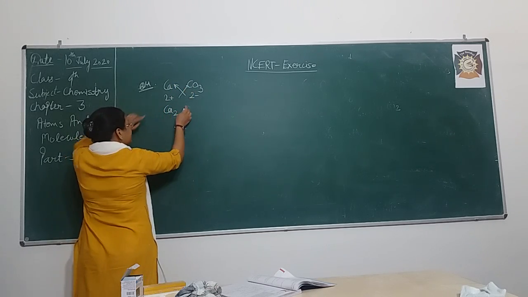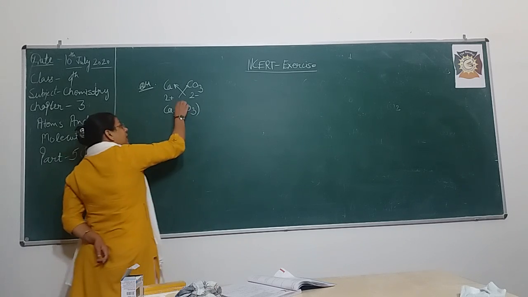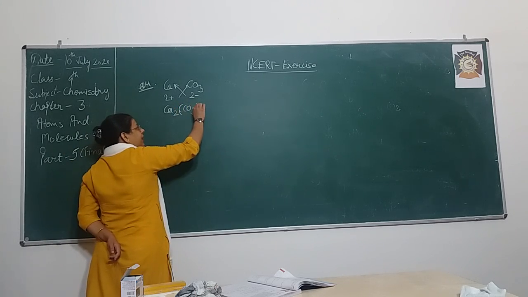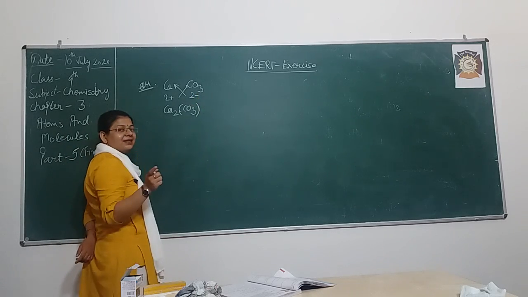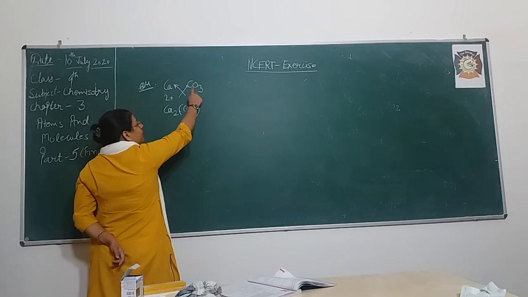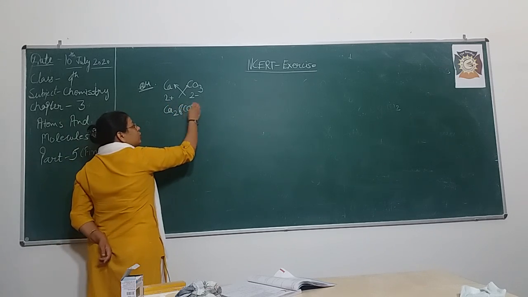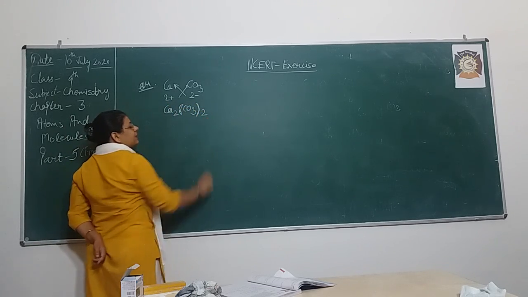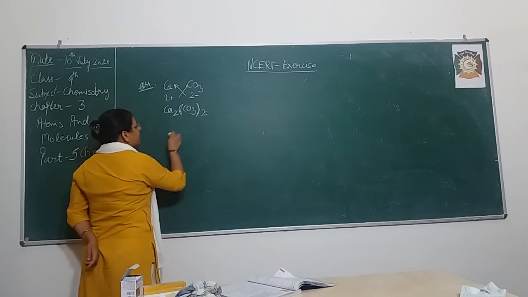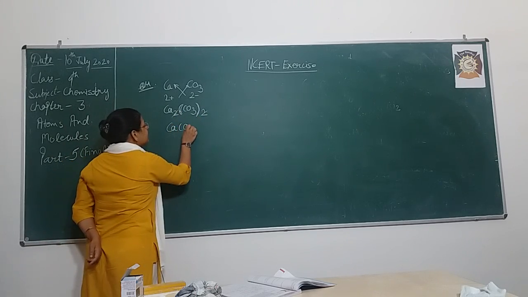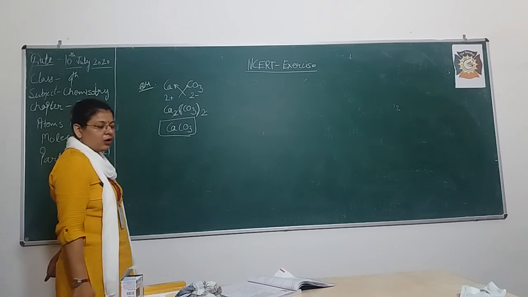After cross multiplication, Ca2(CO3)2. Here we are going to use these brackets. Why these brackets? Because it is a polyatomic ion, and in the case of polyatomic ions, if the number is greater than 1, then we have to use the bracket and write the multiplier outside the bracket. Now 2 is a common factor, cancel out. CaCO3 is your answer. That is the chemical formula.